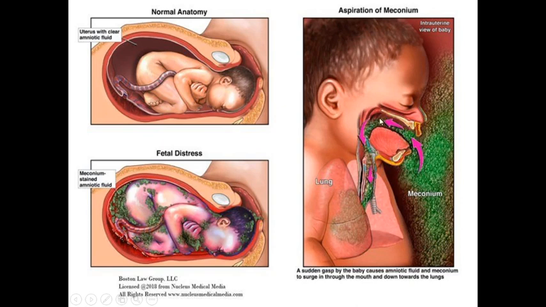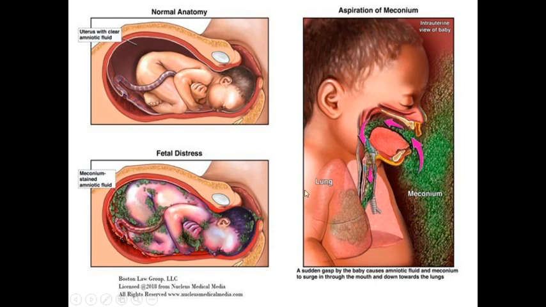We know the pharynx is a common passage for the respiratory tract and the digestive tract. So when this meconium enters through the nose or mouth, in the end it will pass through the airways and enter into the lungs.